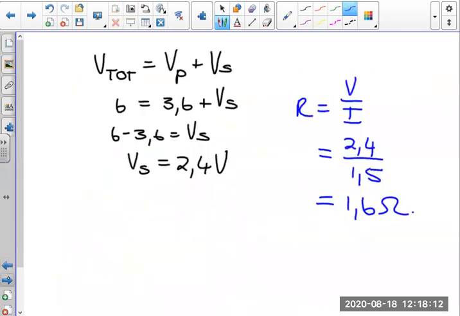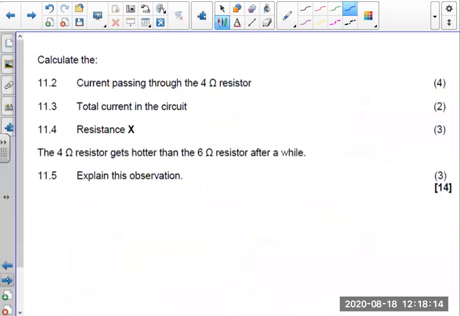But when we talk about heat in a question, we talk about energy. Heat is energy. The moment it heats up, the energy is going to increase. So what is the relationship between energy and the current?